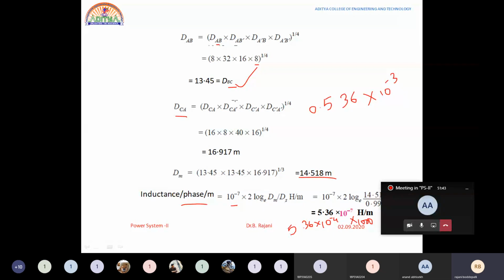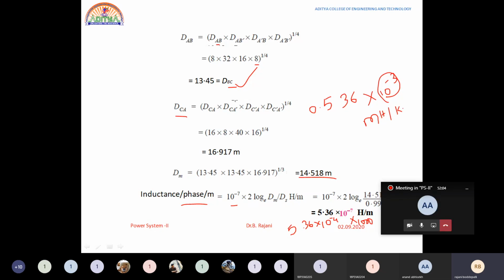Millihenry, 10 to the power of minus 3, if you put it, you need not put milli. If you don't put 10 to the power of minus 3, it will be millihenry per kilometer. 0.536 millihenry per kilometer. You have to write per kilometer, the units.